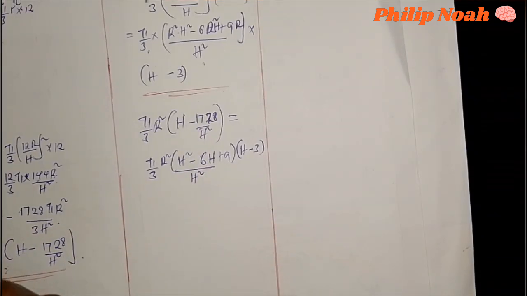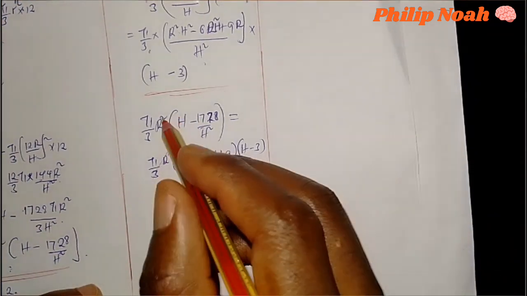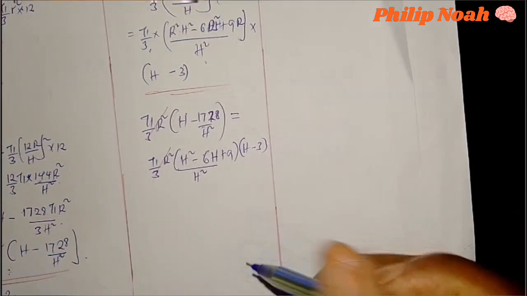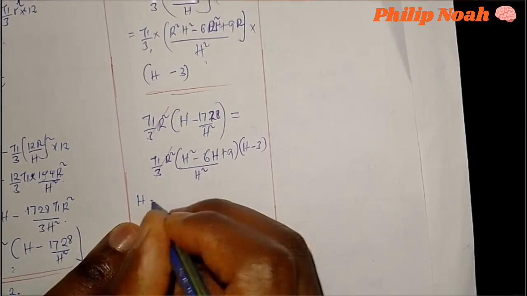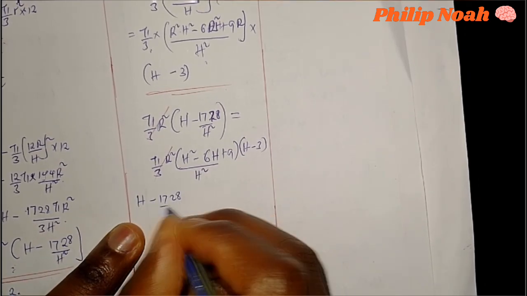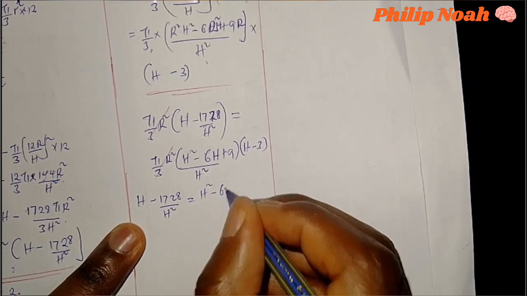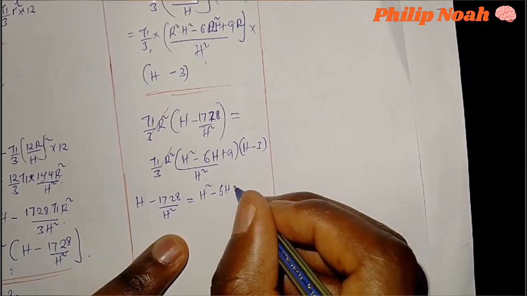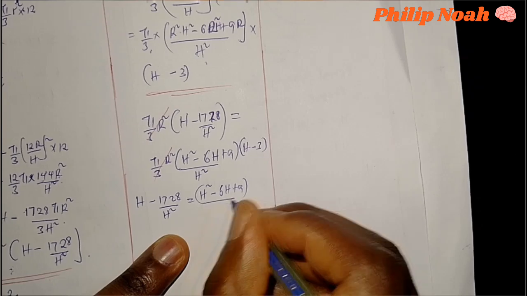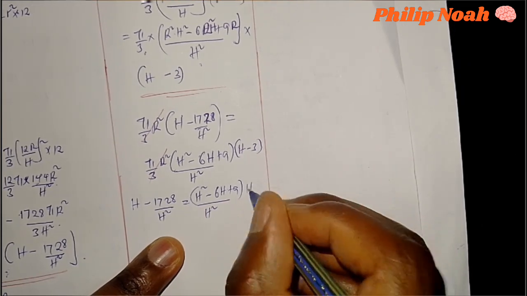So that this and this one cancel. We remain with h minus 1728 over h squared is equal to h squared minus 6h plus 9 over h squared, times h minus 3.